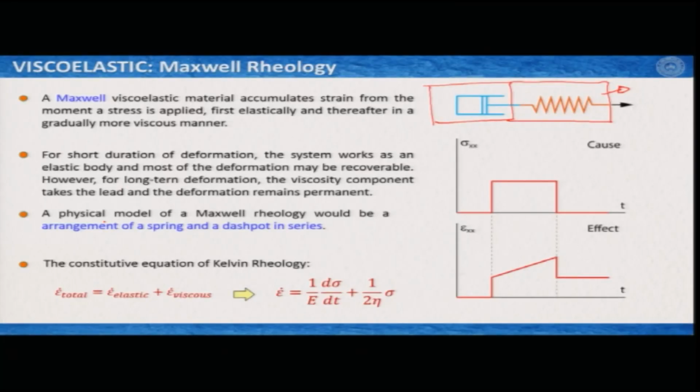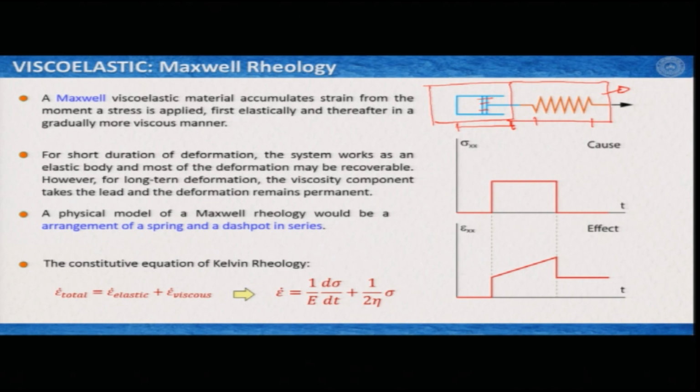However, for long term deformation, the viscosity component takes the lead, right, because then viscous material starts flowing through the porous spaces of this piston, and then it remains permanent, and you cannot recover it. In other words, you can recover the deformation of the spring, but you cannot recover the deformation of this dashpot.